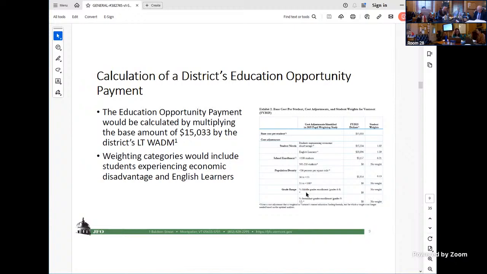If a student were to be from an economically disadvantaged background, then it would be the $15,033 plus the additional weight amount.